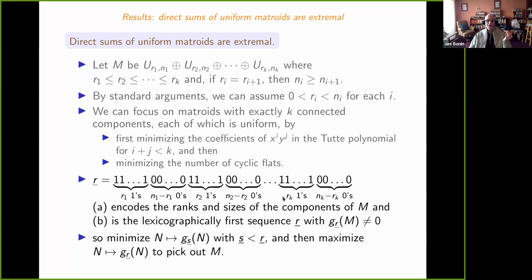So what you then need to do is minimize the coefficients of rank sequences that are before this, and then maximize this rank sequence, and that picks out this direct sum of uniform matroids. Okay? So you have to work a lot harder for this than for uniform matroids being extremal.